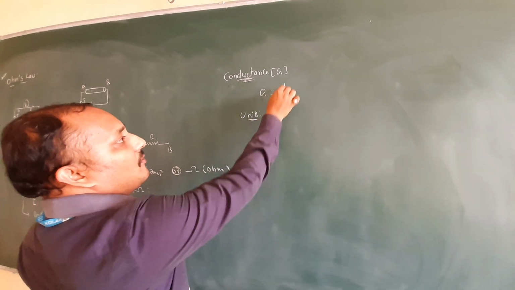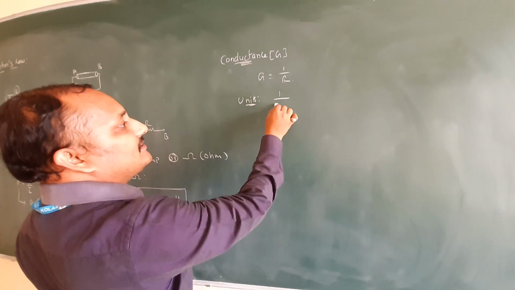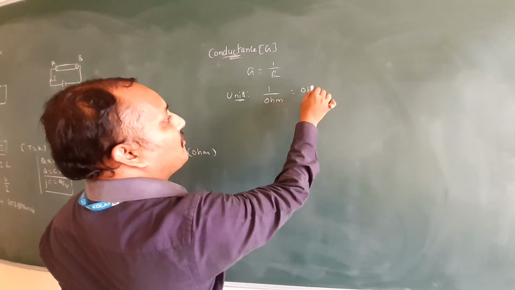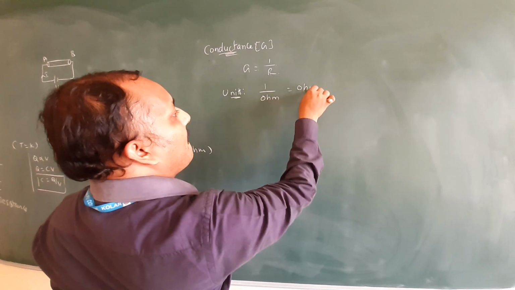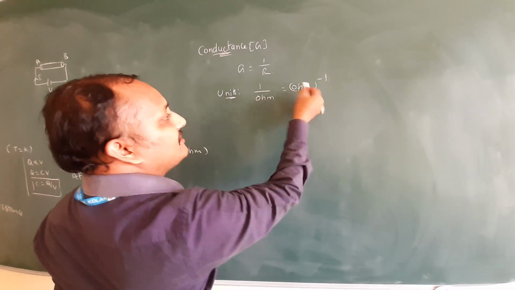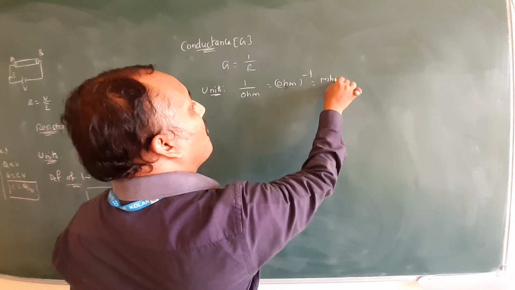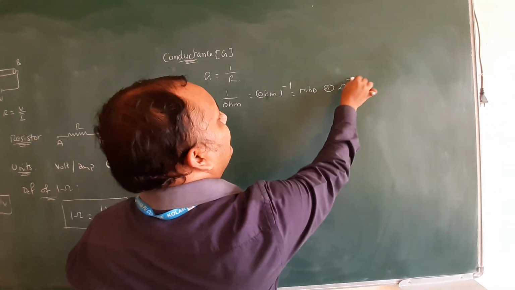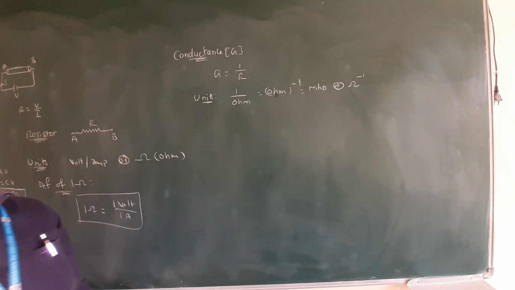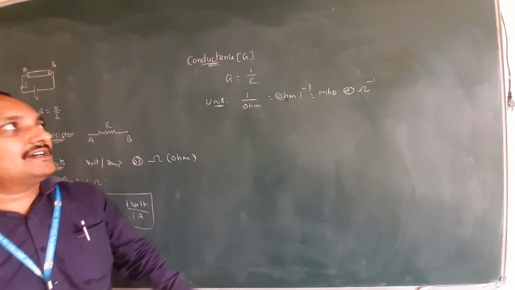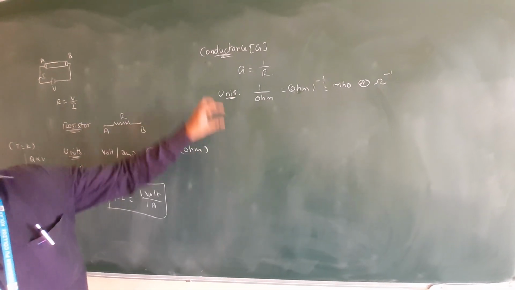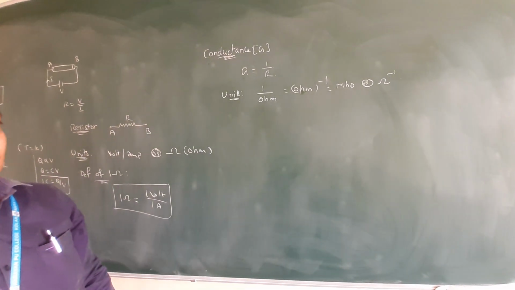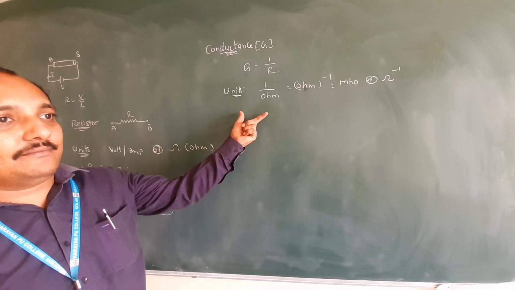Resistance unit is ohm. Reverse this one, ohm inverse. Symbolically they will write it like this: mho. Ohm inverse or mho is the unit of conductance. What is the definition of conductance? Simply, the reciprocal of resistance is called conductance. Okay.